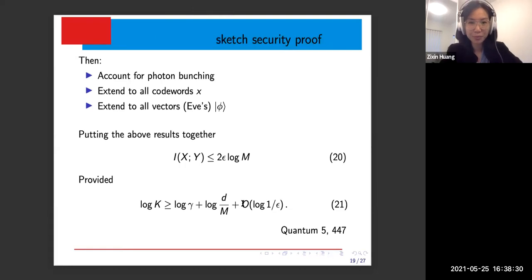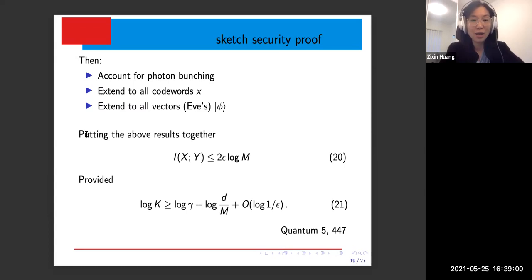Everything I've described so far applies to one value of x. We've talked about photon bunching, and now we have to extend the protocol to all possible code words, and then to all the possible different vectors that Eve can use. This is where an epsilon net comes in, but I won't show that on the slides because it's way too complicated.